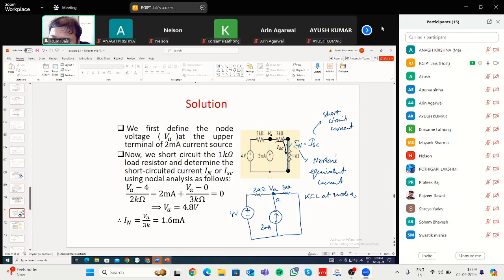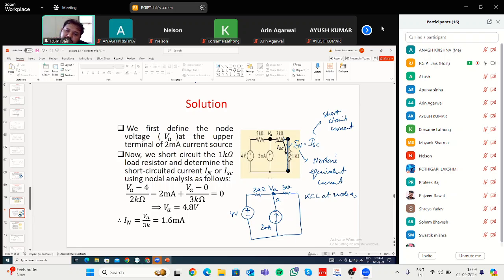To apply KCL, you have to write the equation for all the currents that are flowing. Okay. So in this path, there is a voltage source, there is a resistance, and there is an unknown voltage VA. You don't know the unknown voltage, but the assumption in solving the nodal analysis was that if you are considering a particular node, the voltage at that particular node will be the highest one.